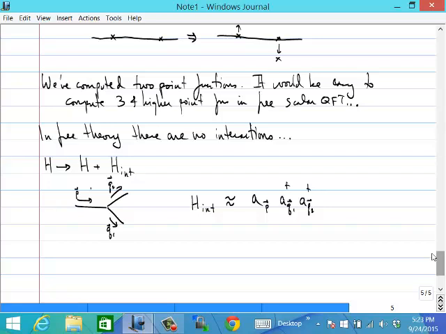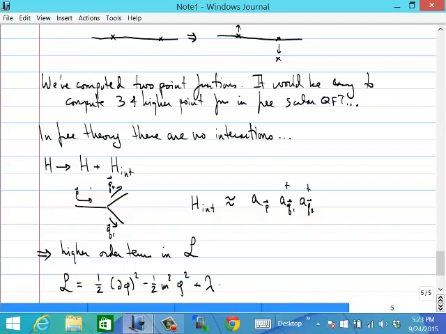So that means we need higher order terms in our theory. So for example, one simple theory that we'll spend a lot of time studying, which has such interactions, would be what's known as lambda phi to the 4 theory.